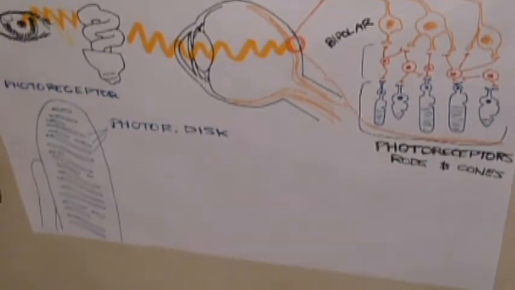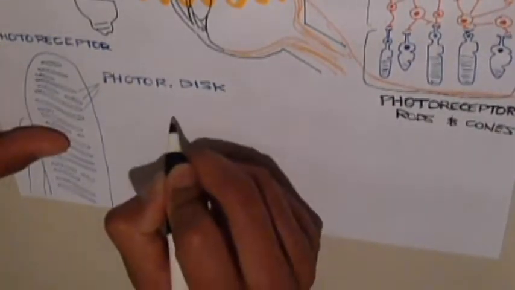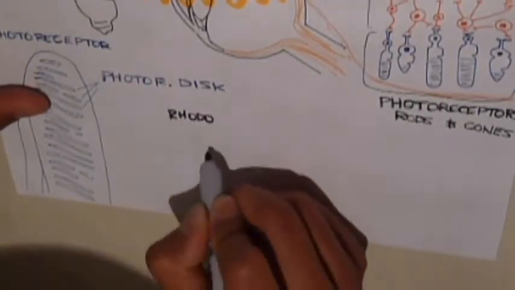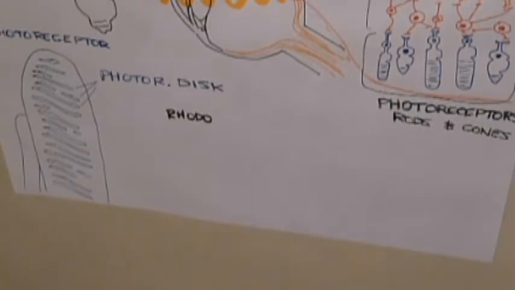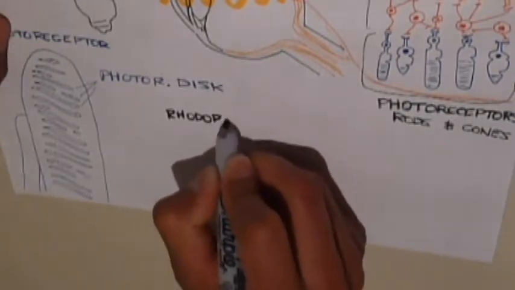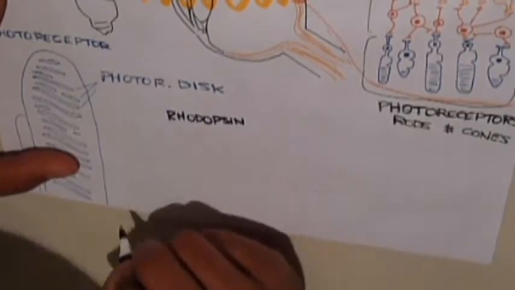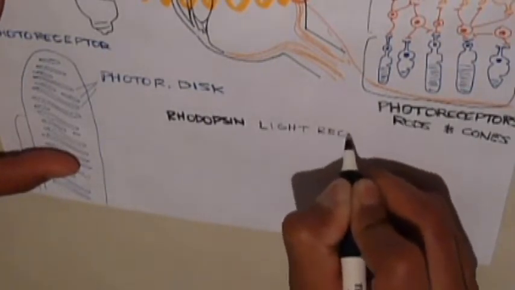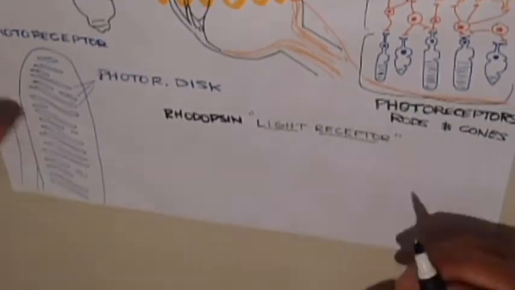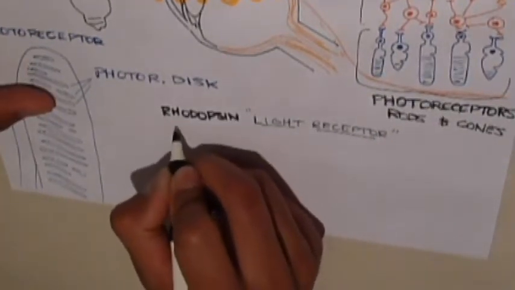Now, each one of these photoreceptor discs has a bunch of receptors on it known as rhodopsin. The rhodopsin is what the actual light receptors are. It's going to be the thing receiving the photons of light. And that's what we're going to concentrate on today. Rhodopsin actually belongs to a specialized family of receptors called G-protein coupled receptors, or GPCRs.